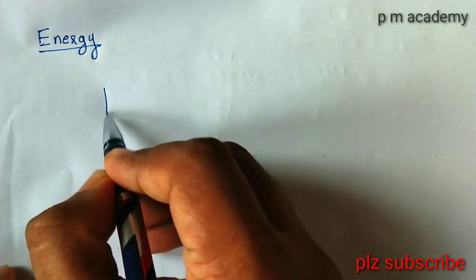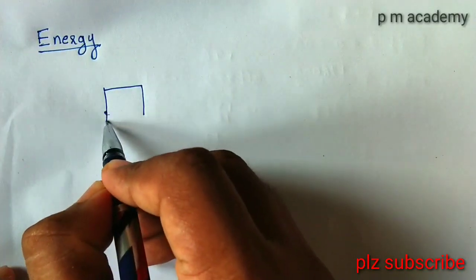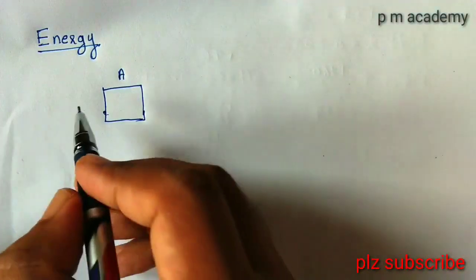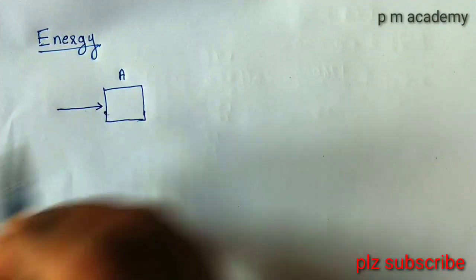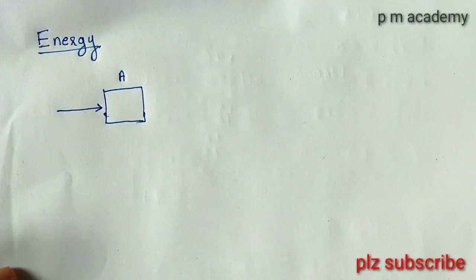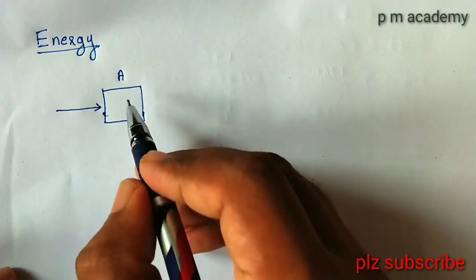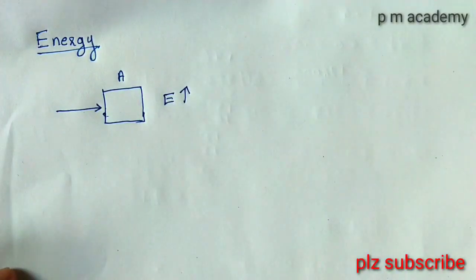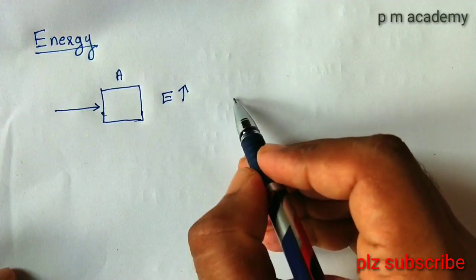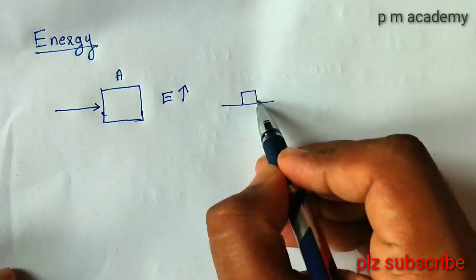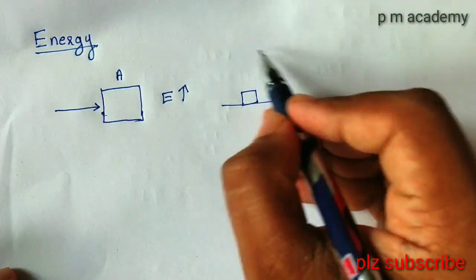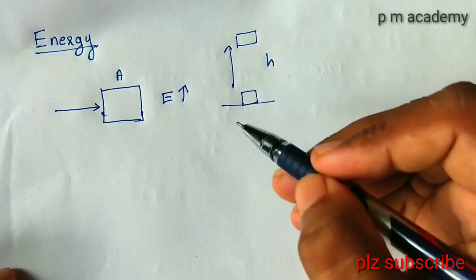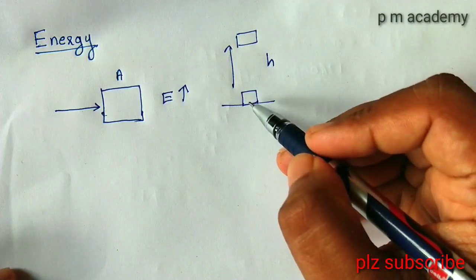Here is an object. We can name it A. If you are doing some work on this object, then the energy of that object will increase. For example, if you are raising an object from the floor to a particular height h, then you are doing some work on this object.